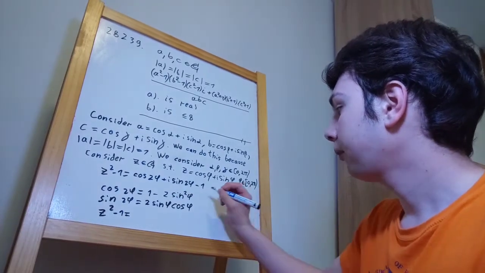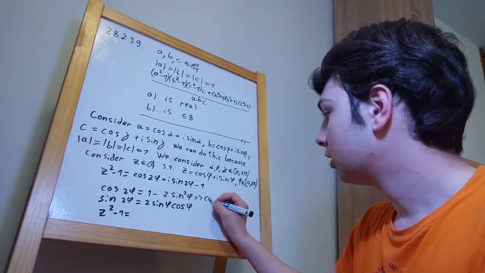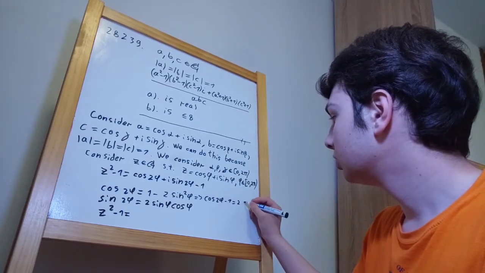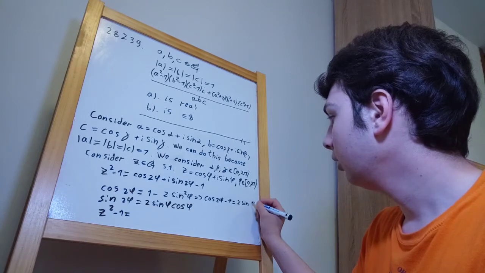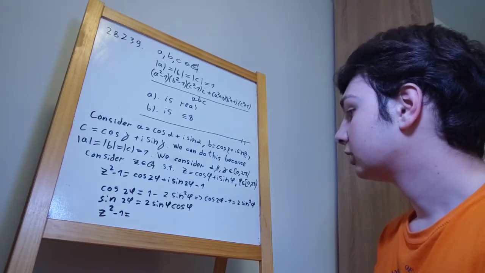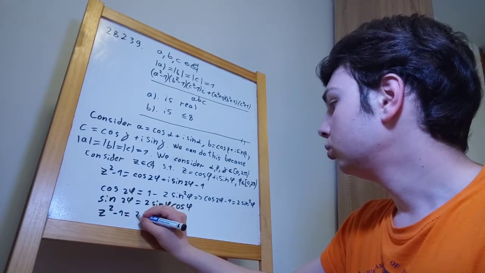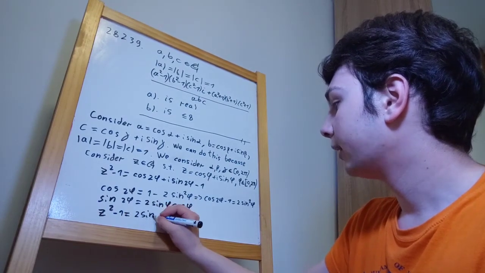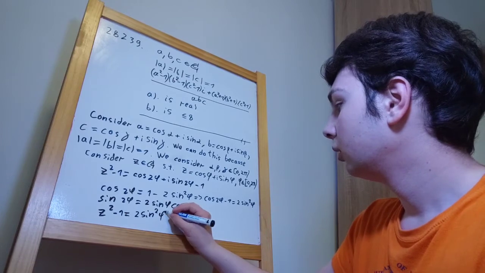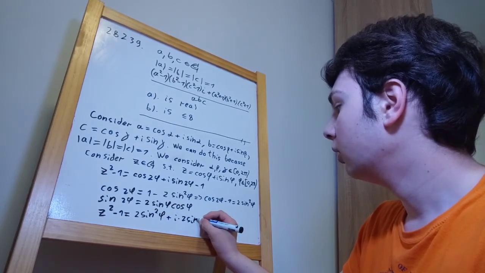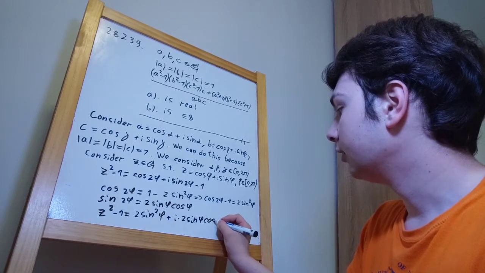That means cosine of 2 phi minus 1 is minus 2 sine squared of phi. So z squared minus 1 will be minus 2 sine squared of phi plus I times 2 sine of phi cosine of phi.